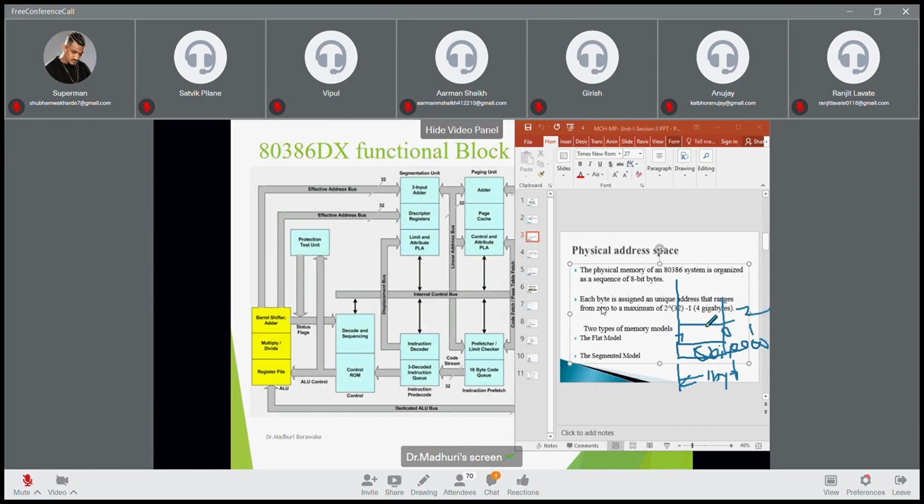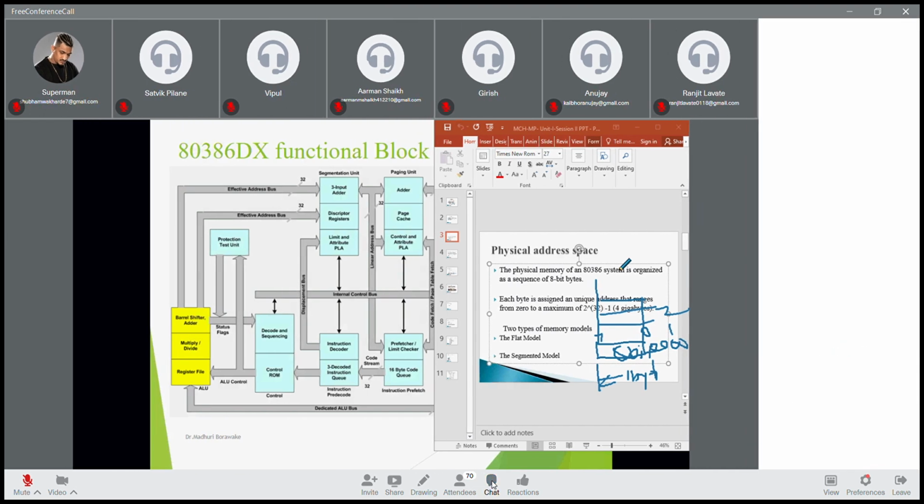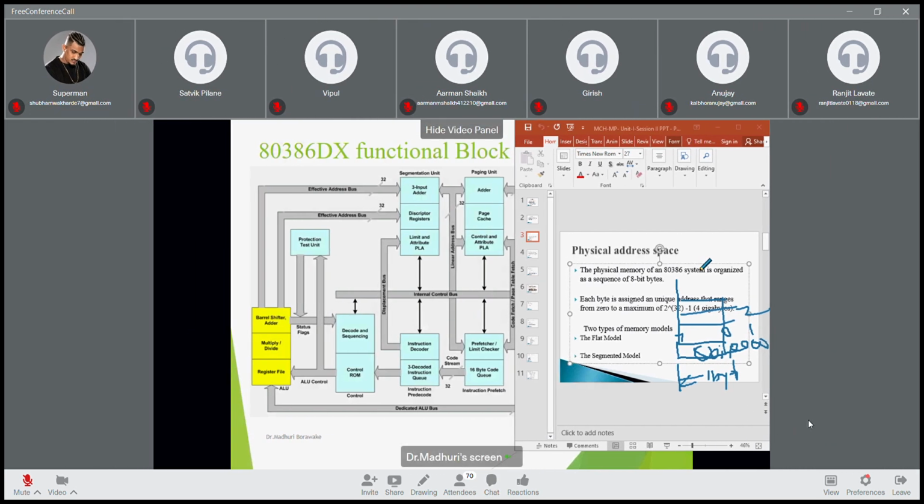So this is a linear address space. Each byte has a unique address, starting from 00 and going up to 2 raised to 32 minus 1. That is 4 gigabytes.